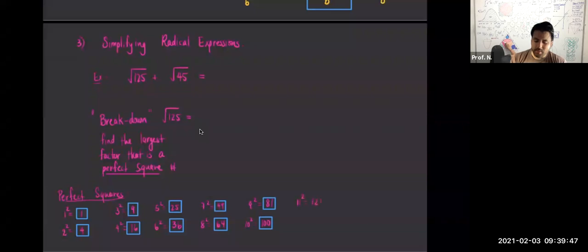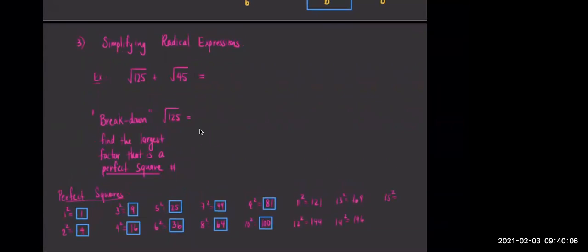11 squared is 121. 12 squared is 144. 13 squared is 169. 14 squared is, who knows 14 squared? 196. Okay, good. What's 15 squared? 225. Good.